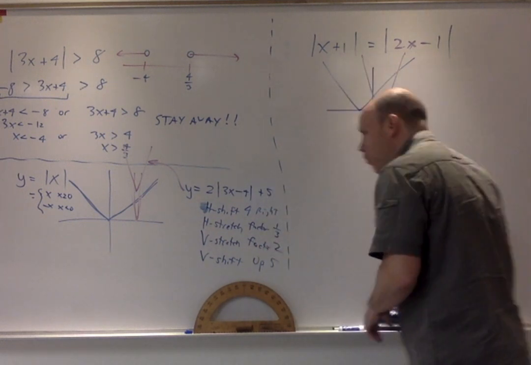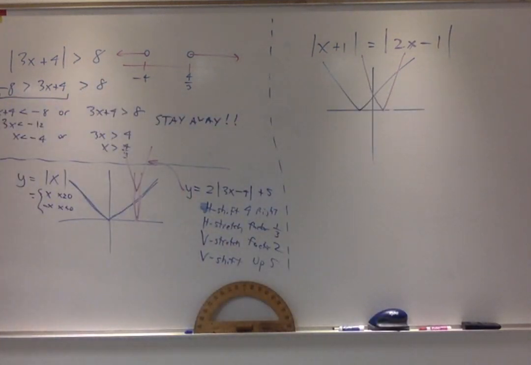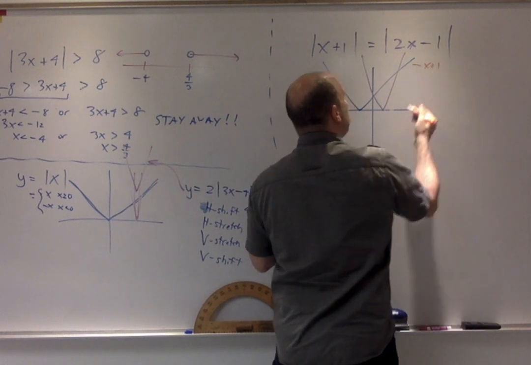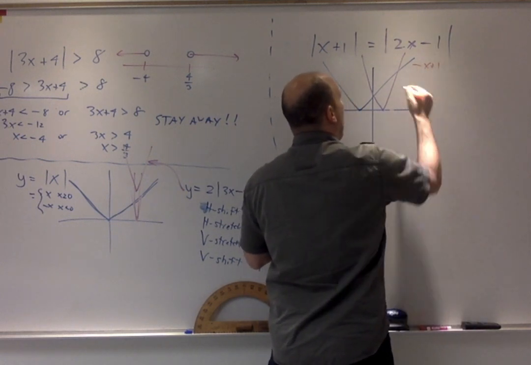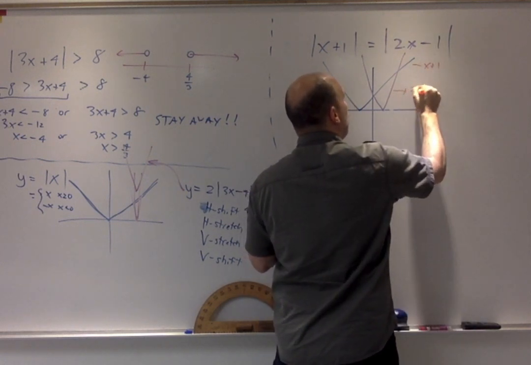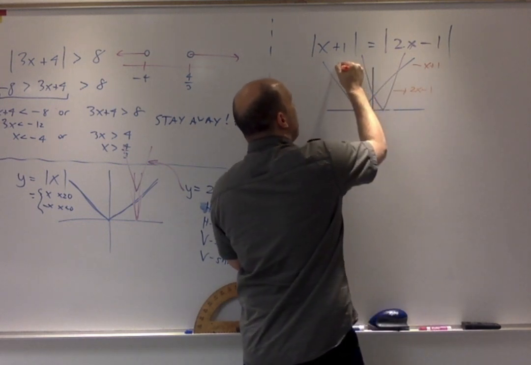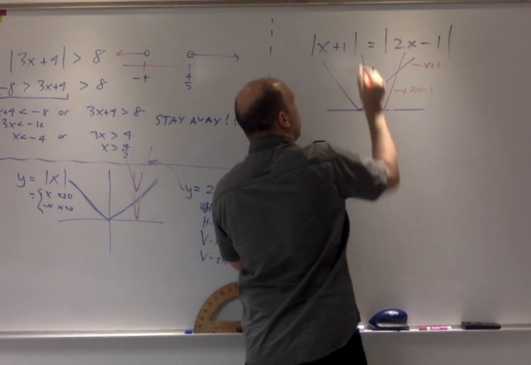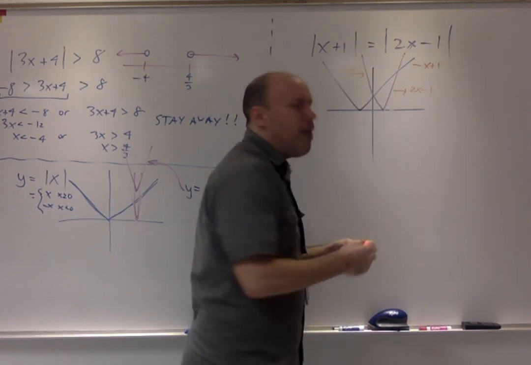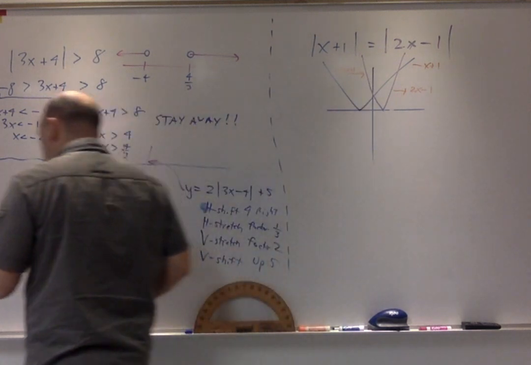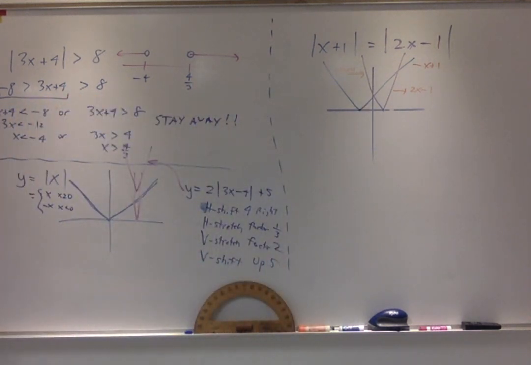Because before, if you recall, I listed the actual equations here. I wrote that this is actually x plus 1. Right? I wrote that this equation is actually 2x minus 1. And I wrote that this equation here is negative 2x plus 1. So, ignoring the fact that we already know this first intersection is x equals 0, let's just solve this algebraically.